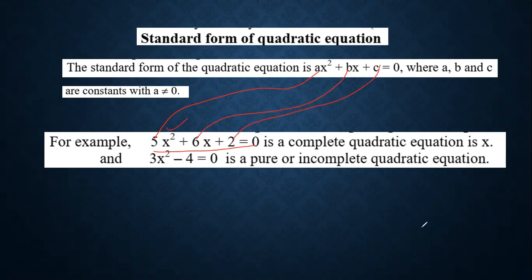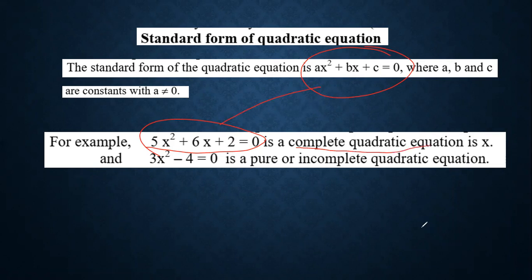The x square term is the same, the x term is the same, and the third one has no variable. So this is a complete quadratic equation. Okay.